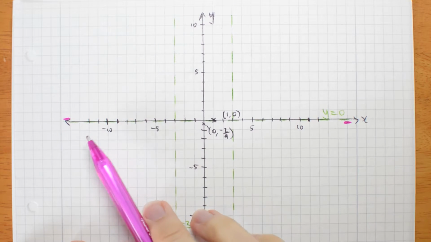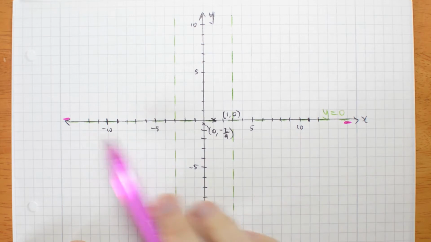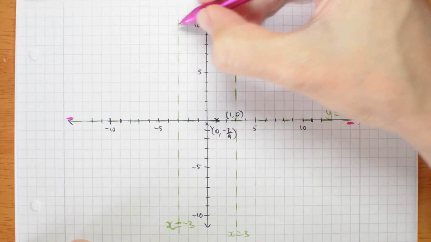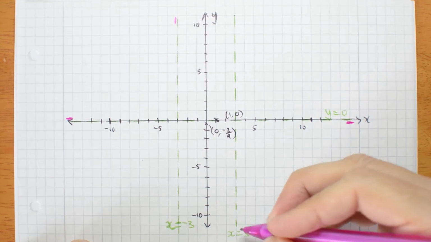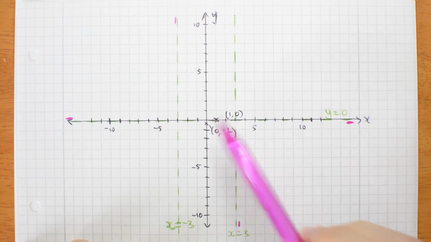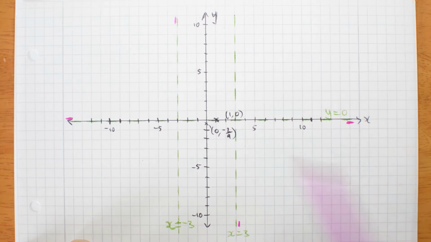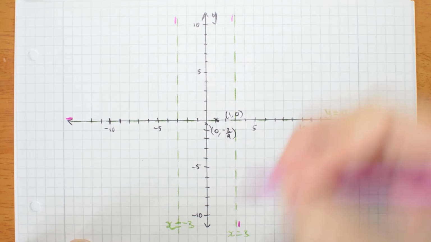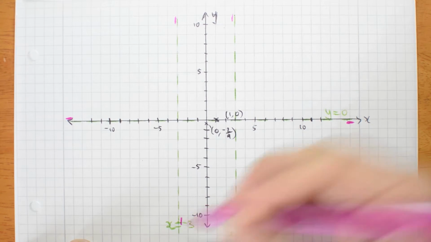It doesn't cross y equals 0 anywhere else because I checked for that, so it must be going up to here and down to here. Now what happens in the middle? Well, it only crosses at one point here, so it's got to be up here and down there.